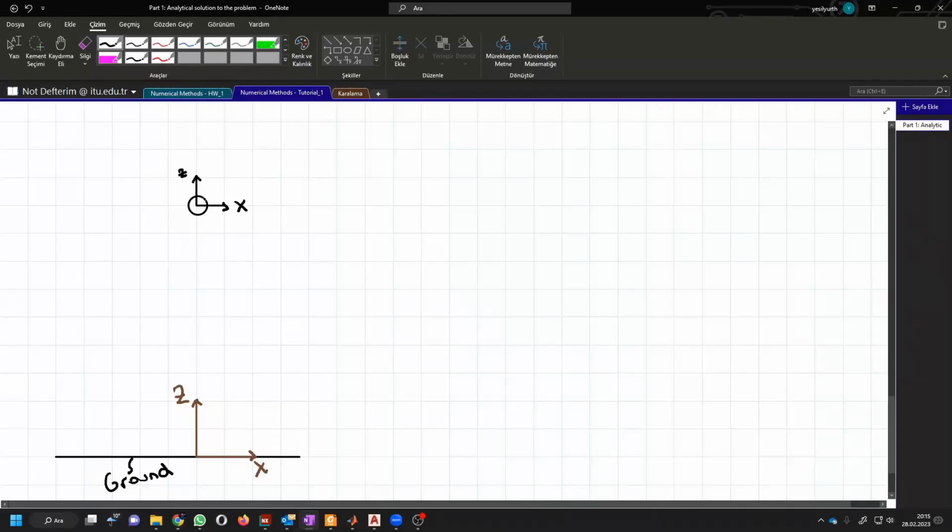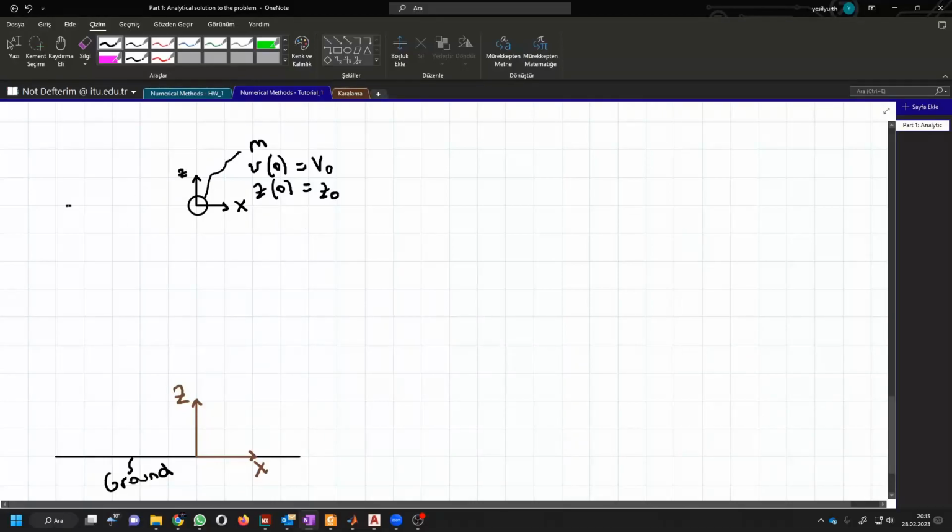So this point mass has a mass of m, and at initial conditions where t equals 0, v0 will be equal to v0, and z0 will also be equal to z0.